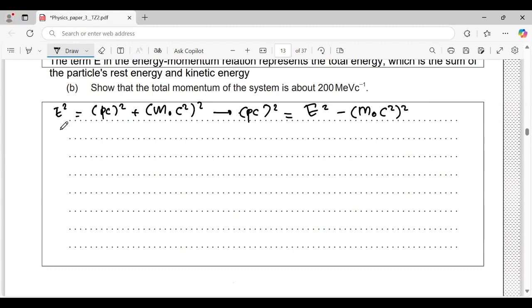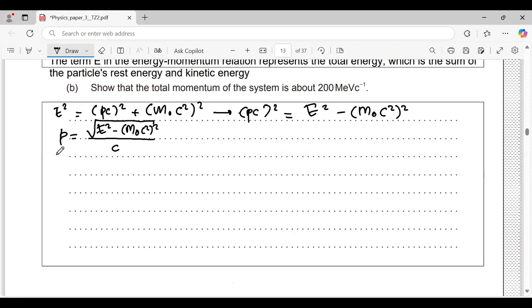And then P equals the square root of E squared minus (M0 C squared) squared, over C. That's the formula.